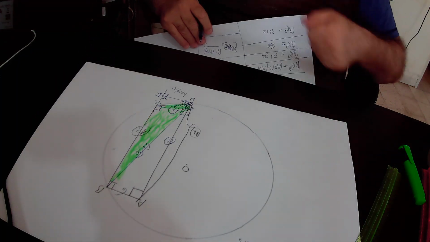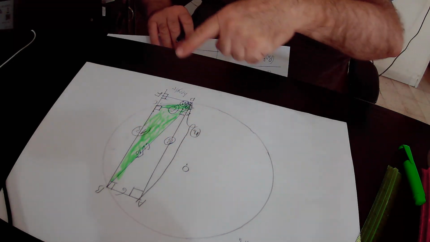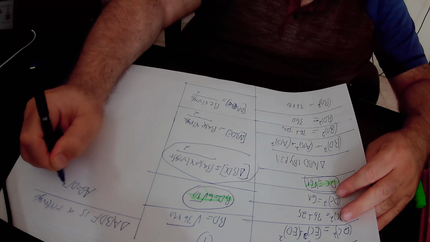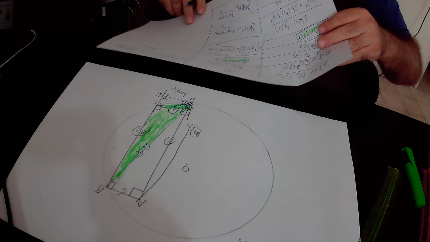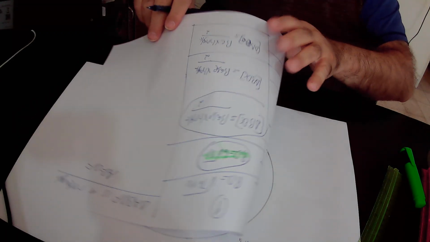But we also know that the opposite sides of a rectangle are equal to each other, that is to say AB equals DF. And it is given in the question that AB equals 6 units, so we can write here that AB equals 6.